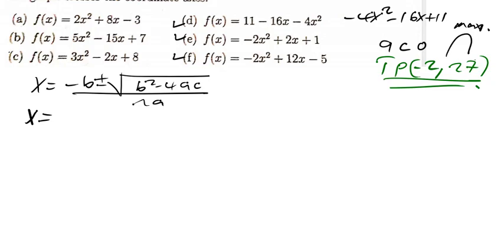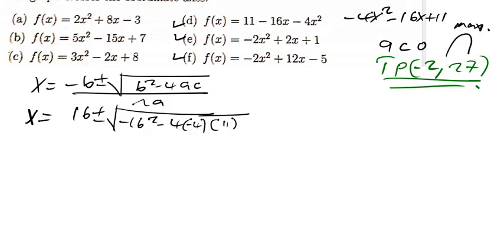So I'm going to have 16 plus or minus, again negative 16 squared, minus 4. My a is negative 4. What is my c? My c is 11. I divide that by 2 times my a, which is negative 4. Okay.